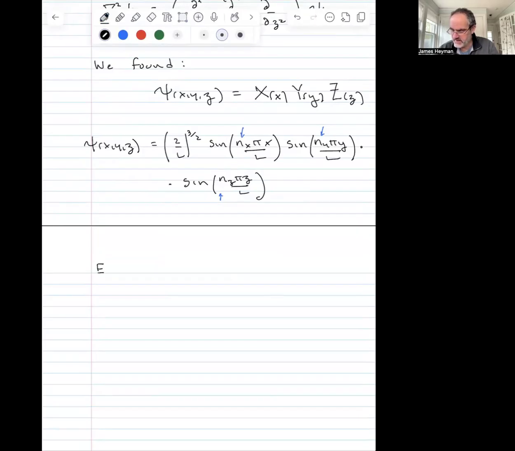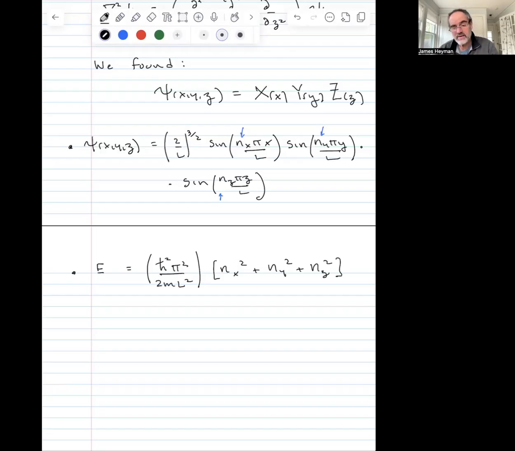Additionally, we found that the energy levels for this system were given by h bar squared pi squared over 2mL squared times nx squared plus ny squared plus nz squared, as I'm sure you remember.